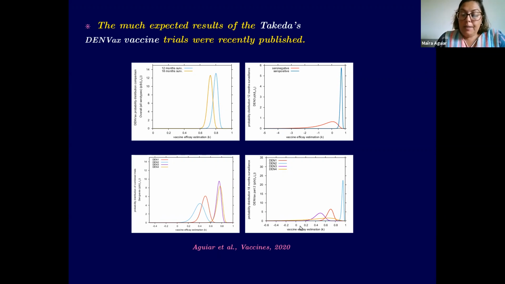And in the Takeda vaccine, we also see this difference between serotypes, where we have dengue 3 and dengue 1 with a low vaccine efficacy, dengue 2 with a good vaccine efficacy, and that can be explained because the vaccine is based on the backbone of the dengue 2 virus. And for dengue 4, the result is not really clear to us yet.